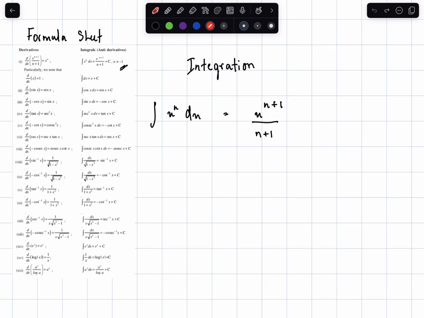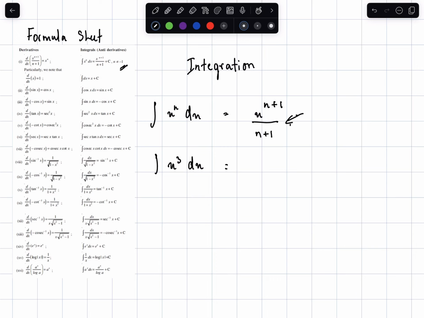So let's do an example like before. Let's say integral of x cubed dx. Correct? So how would you do this? You would simply add 1 to the power, correct?